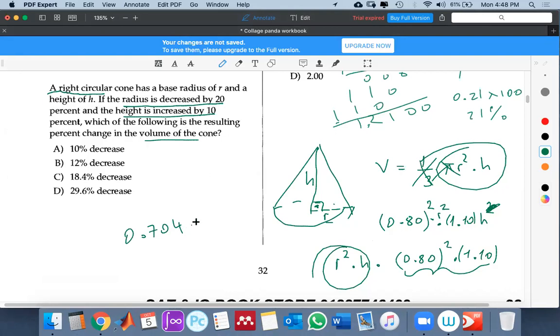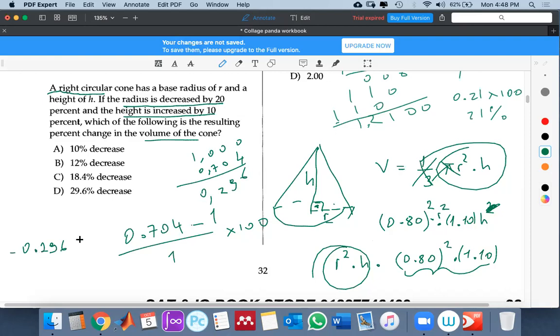The old one, if I call it 1, times 100. So what will be this result? 1 minus 0.704, we can use a calculator, 0.296. But negative, times 100. So negative 29.6. That means decrease.